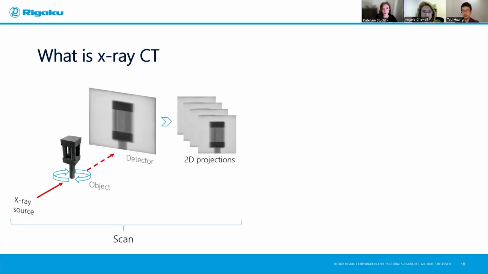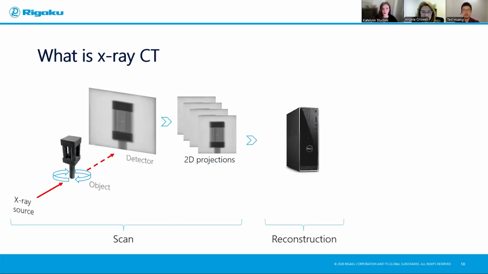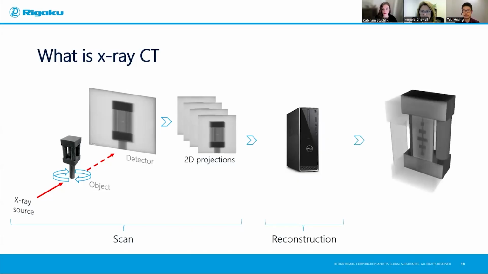This is a process we call scanning, or CT scanning. With all these 2D projections and with modern computational advancement, we can do a reconstruction even on a commercial-level PC, basically putting all these 2D projections back into a virtual 3D space. And then you end up with 3D data of your sample.